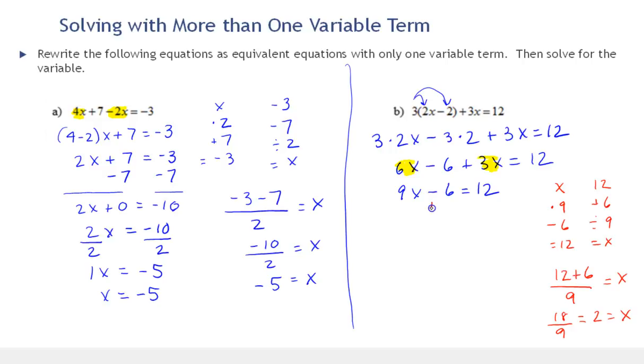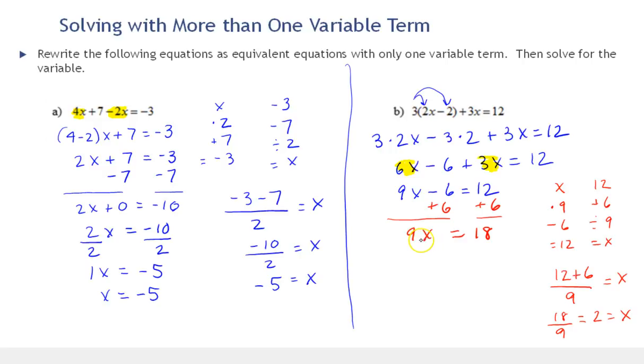So first we add 6 to both sides, and our equivalent equation is 9x minus 6 plus 6 is 0. I'm just going to leave that out now. Last time we wrote it, but just know that that cancels to 0. And 12 plus 6 is 18. Now notice on the right-hand side, here's our 12 plus 6.